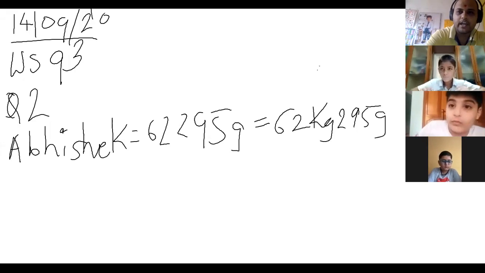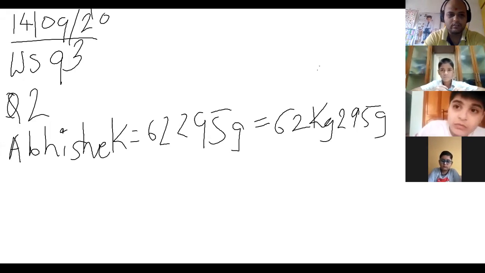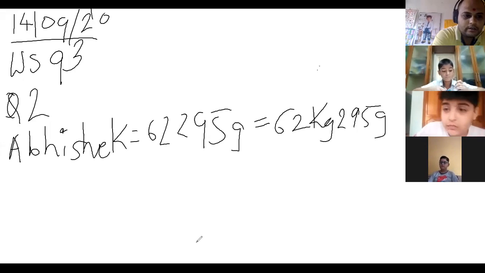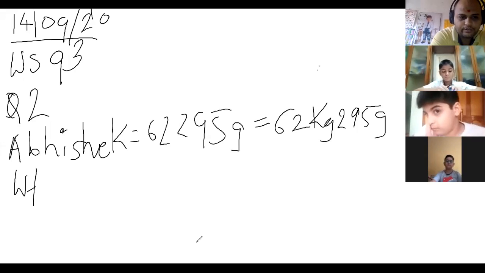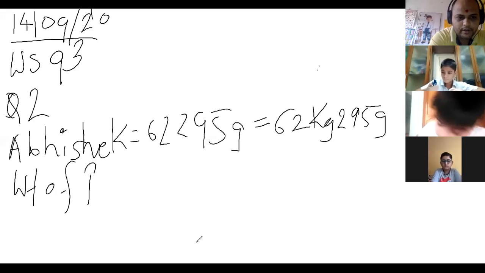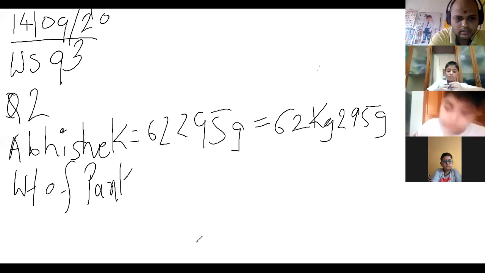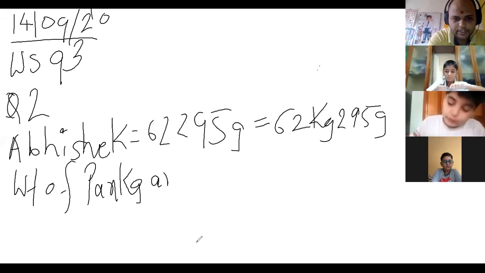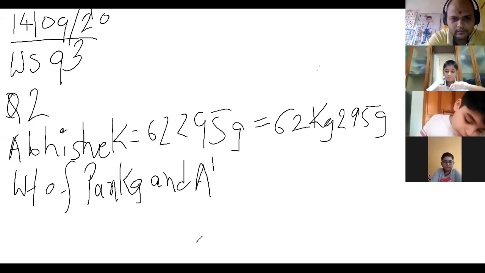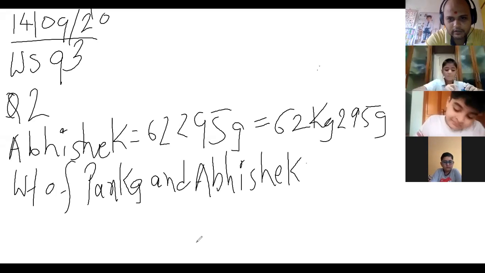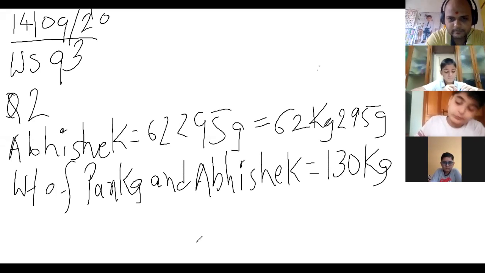Now from the given information, weight of Pankaj and Abhishek is equal to 130 kg. Correct?